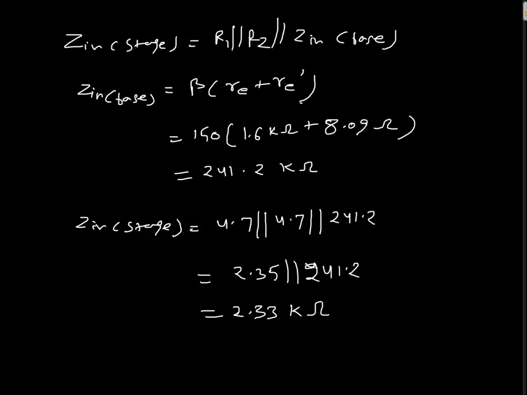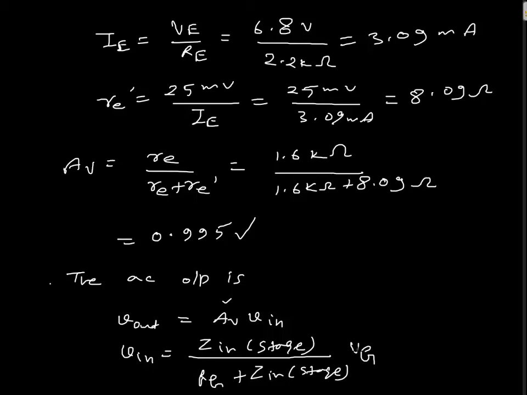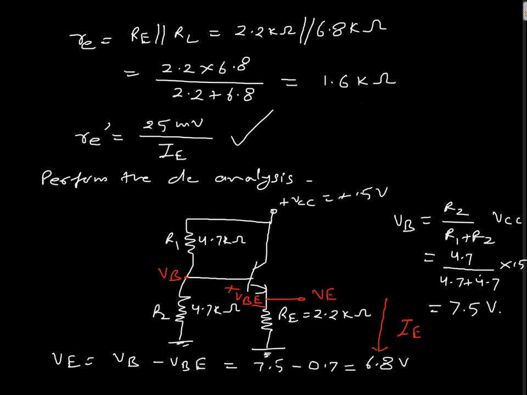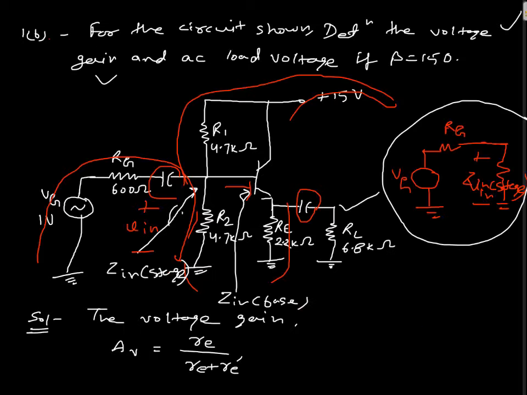Now we can find the value of V in. Previously we saw V in by using the formula Z in stage divided by Rg plus Z in stage, into Vg. All values are given. Vg is given as 1 volt and Rg is given as 600 ohm.